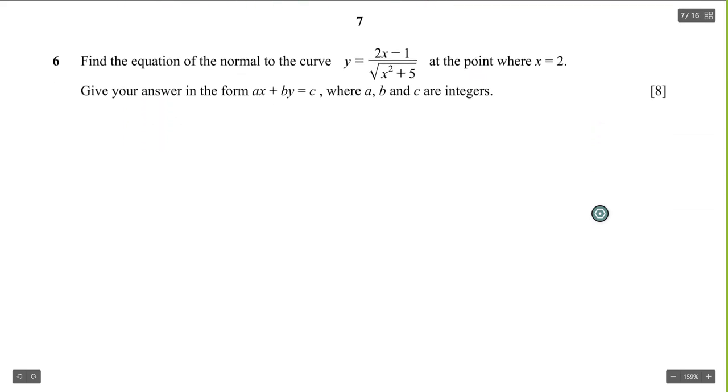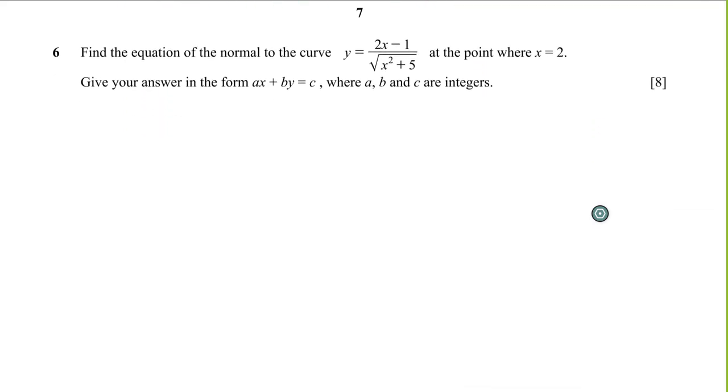So yeah, for number 6 here, find the equation of normal for y at a point where x equals 2 and give your answer in this pattern. 8 marks. Wow, there's a lot. Equation of normal, follow the steps. Step 1, do dy dx.